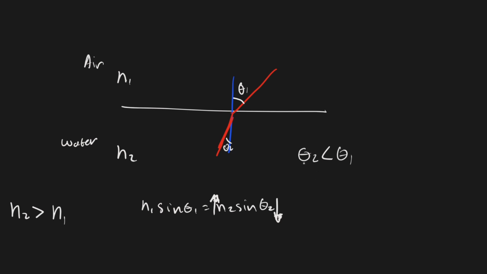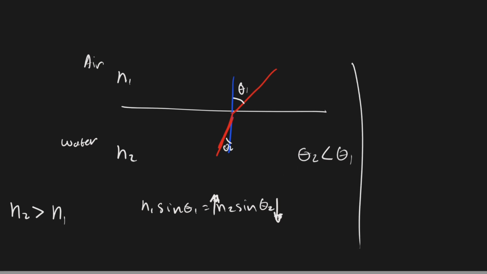Okay? And the second case, let's draw it here, is this time N2 is less than N1. So we have a beam of light that is hitting this boundary at some angle with respect to the normal. Let's call it theta 1.